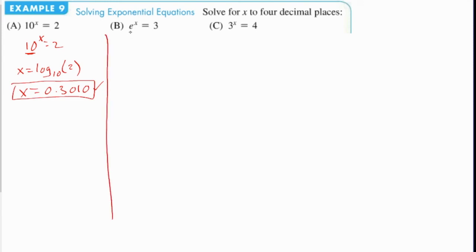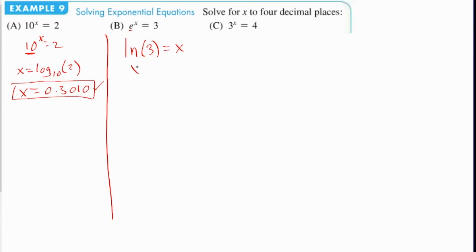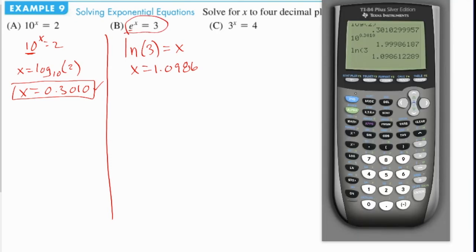Okay, so e is the base, so we should use natural log because it has base e. And then the argument is 3, and the exponent is x. Natural log of 3 gives us 1.0986. And if we plug this into the exponential, it should give us an answer very close to 3.